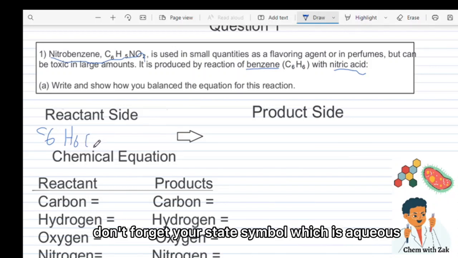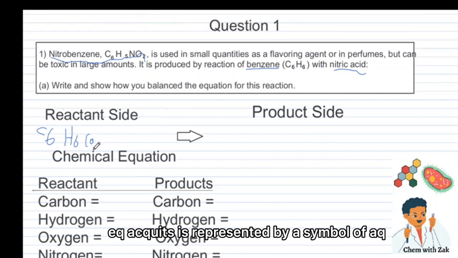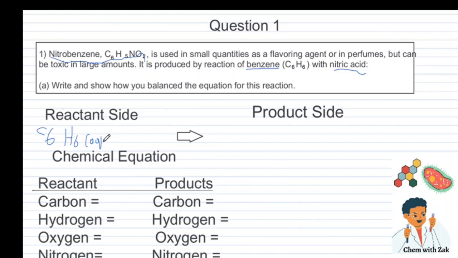Don't forget your state symbol, which is aqueous, represented by the symbol AQ, plus HNO3, which gives us C6H5NO2 plus H2O, water.